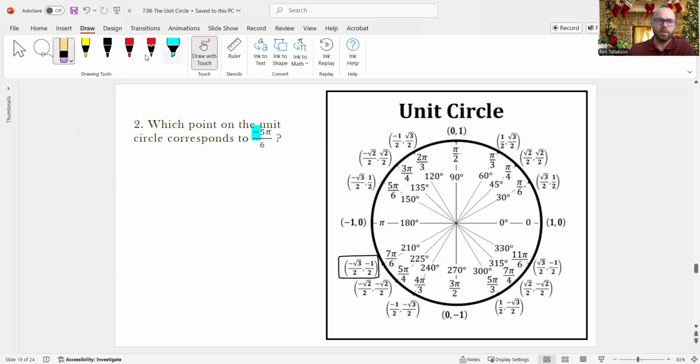Another way to think about it is to go, okay, well, if I travel this far to get to 5 pi over 6, the negative 5 pi over 6 is immediately below. So if you draw that vertical line, boom, there's your negative version.